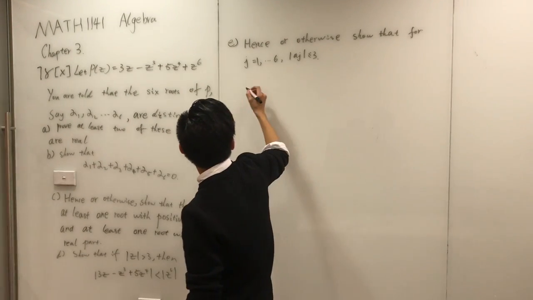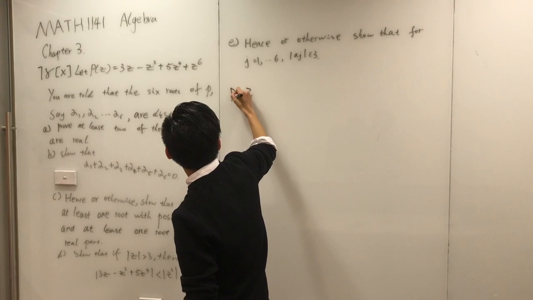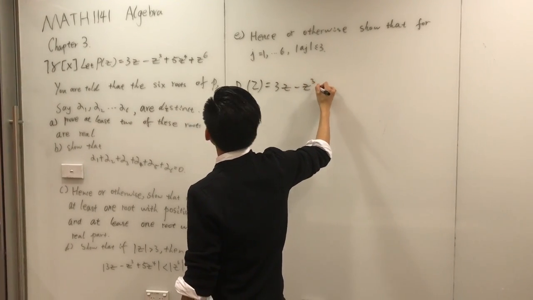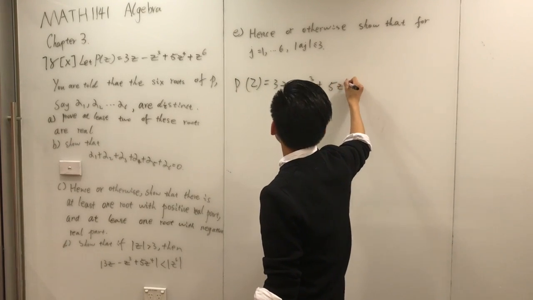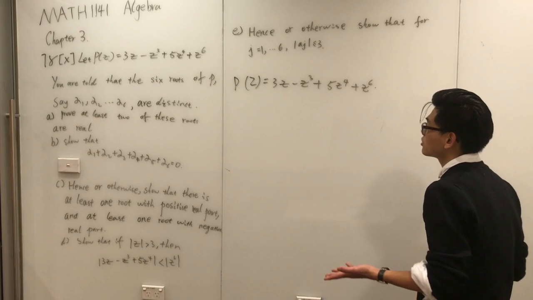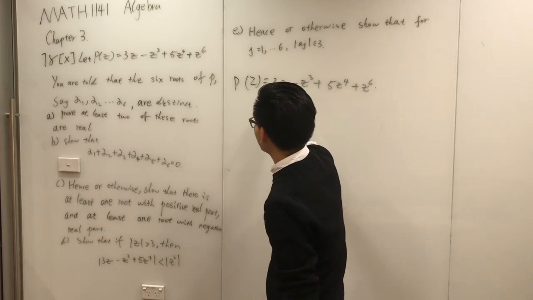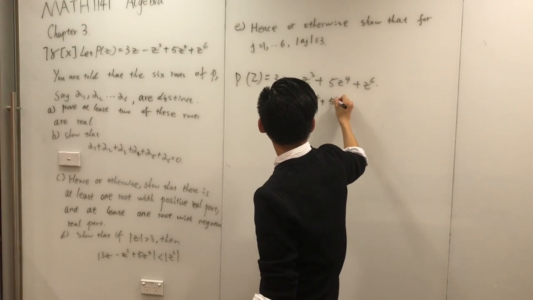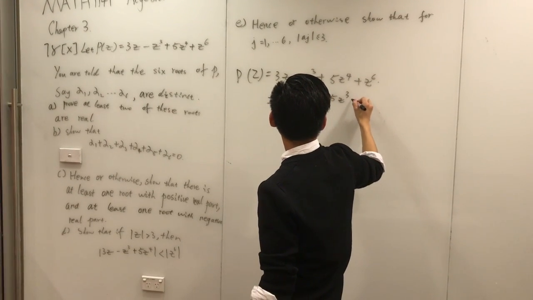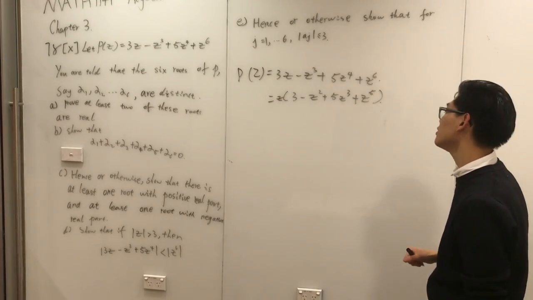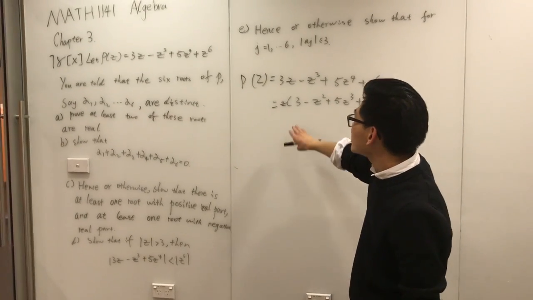So P(z) equals 3z minus z³ plus 5z⁴ plus z⁶. So clearly z is a root, so we can factorize. We can take out z and we get this expression. Now we know z equals 0 is a root.